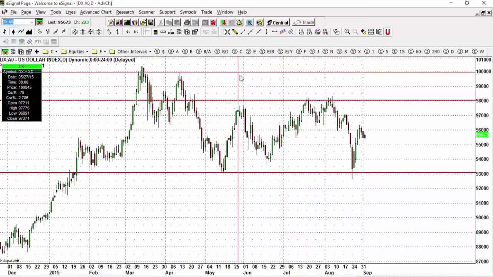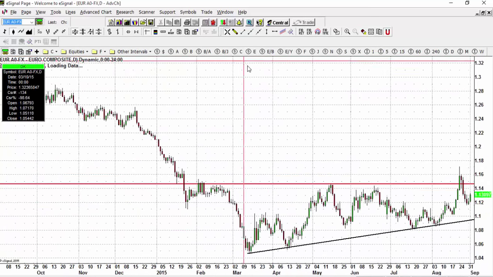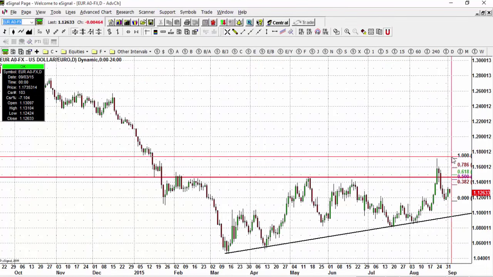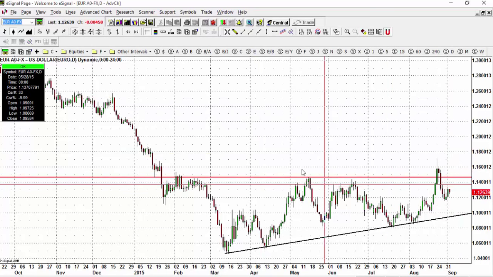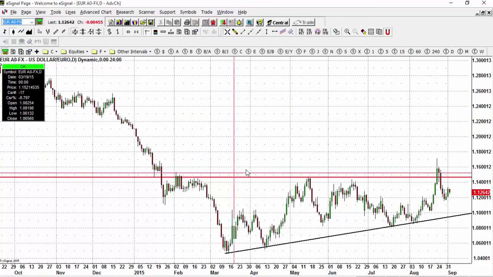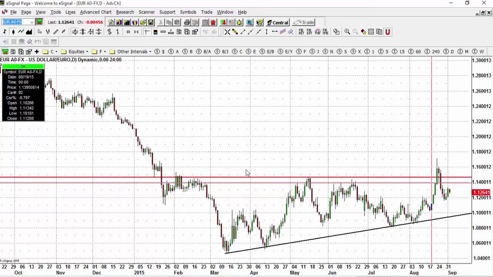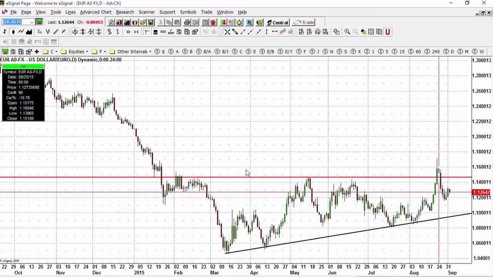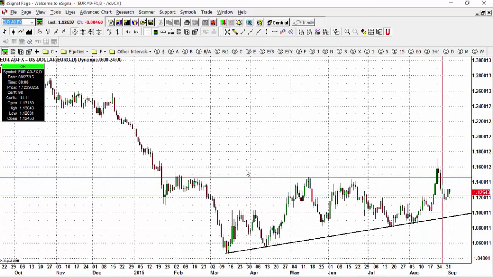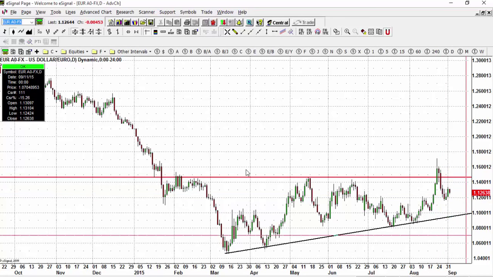Now, taking a look at the currency pairs, the euro, we did have a breakout above critical resistance in the euro near this 114, 115 area. But the market has pulled back and it's in no man's land also, because this market could still rally to the upside and continue the breakout, or the market could collapse to the downside, trade to the trend line, or even break the trend line and head down further.